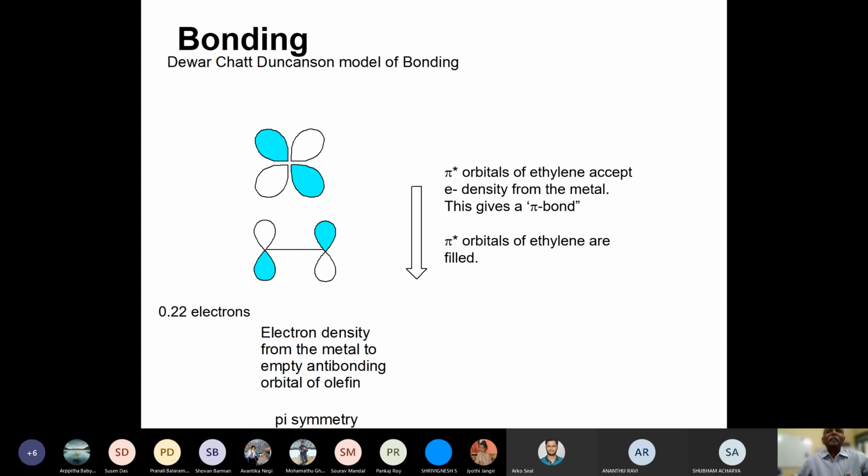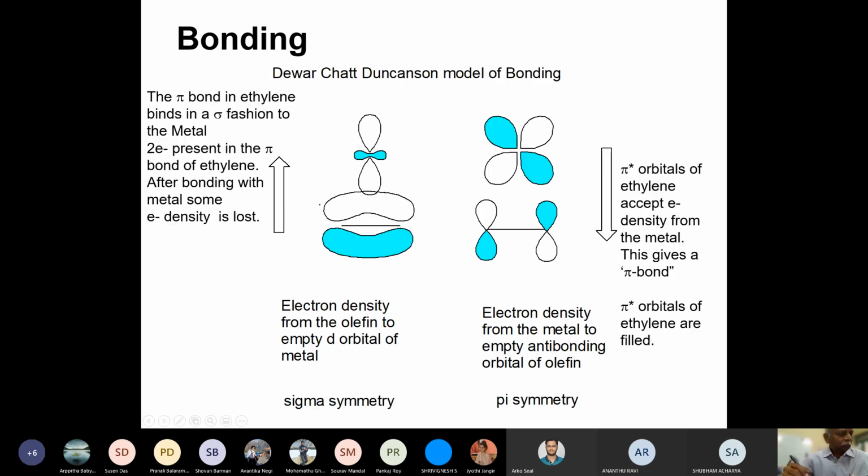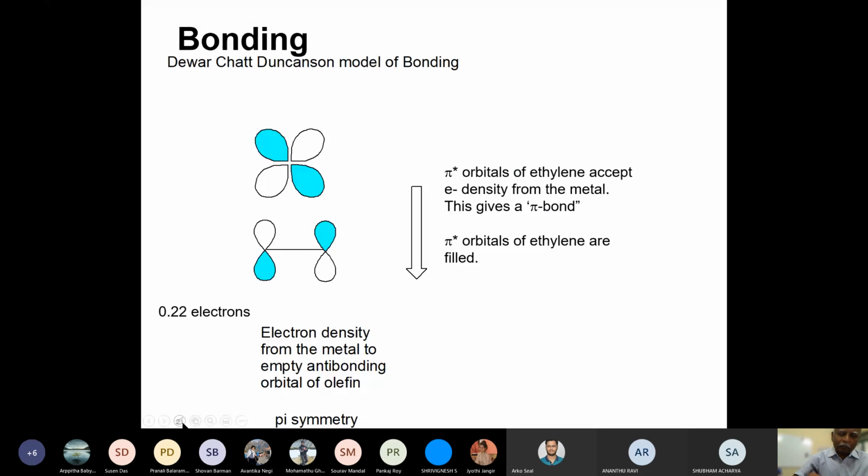Now, again, there is a slight discrepancy. As far as the ethylene is concerned, it is a pi star orbital. But as far as the metal olefin bonding is concerned, it is a pi orbital. Why do we say it's a pi orbital? Because it's a bonding orbital, a bonding description. If you look at the screen, you see that there is a same phase overlap between the metal orbital and the olefin orbital.